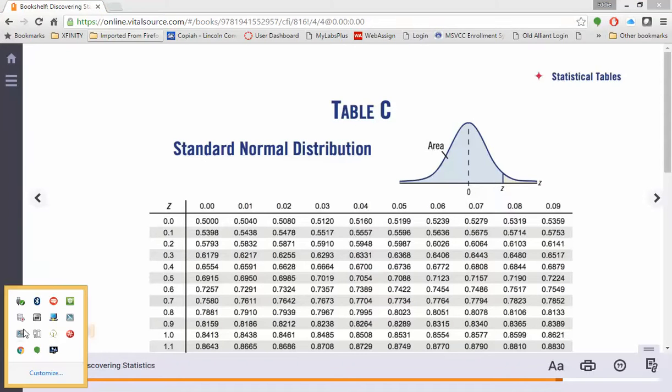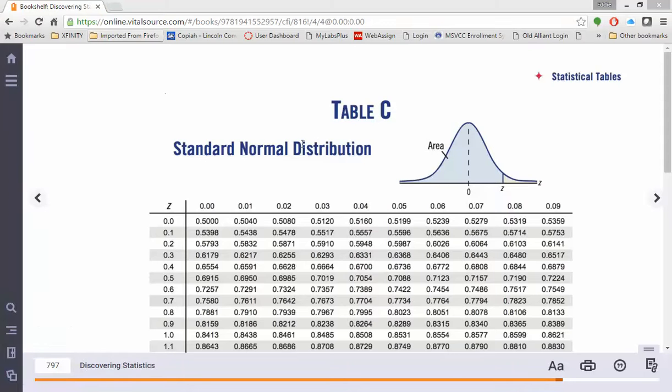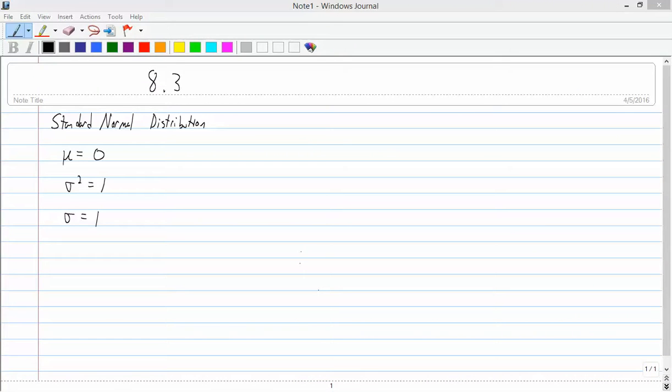All right, so what type of problems could we use this on? We're going to start really simple with the standard normal distribution. So let me pull back up your book really quick.